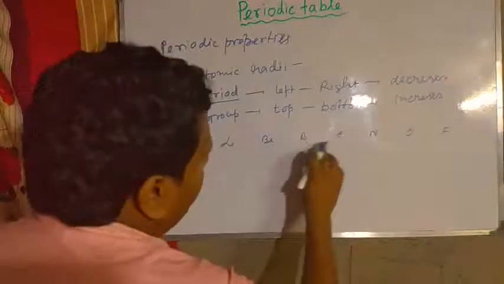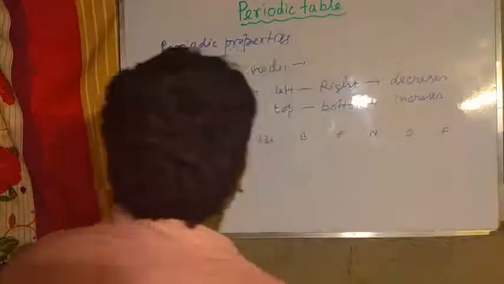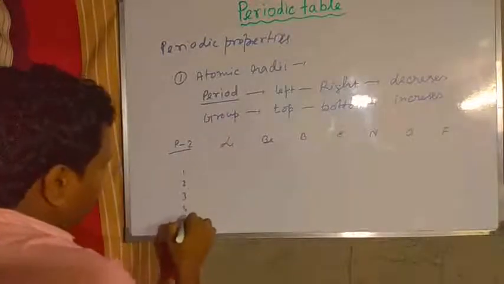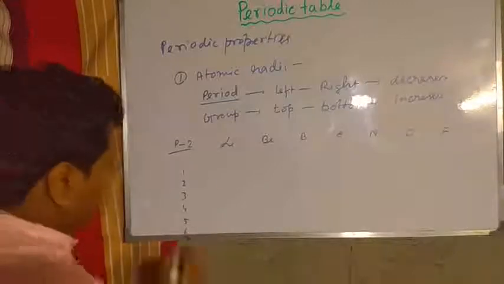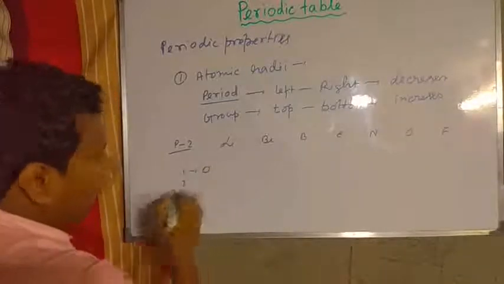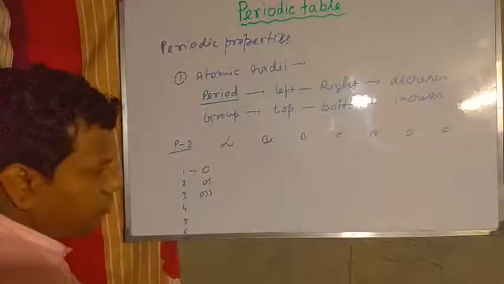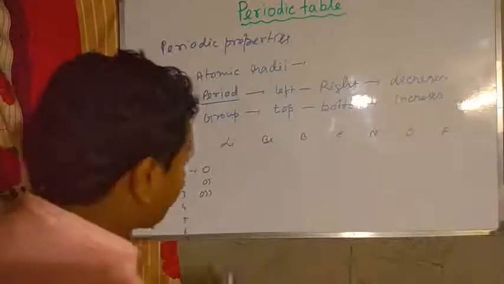Lithium, beryllium, boron, carbon, nitrogen, oxygen, fluorine. Period 1, 2, 3, 4, 5, 6, 7: period 1 means 1 orbit, period 2 means 2 orbits, 3 means 3 orbits, 4 means 4 orbits.